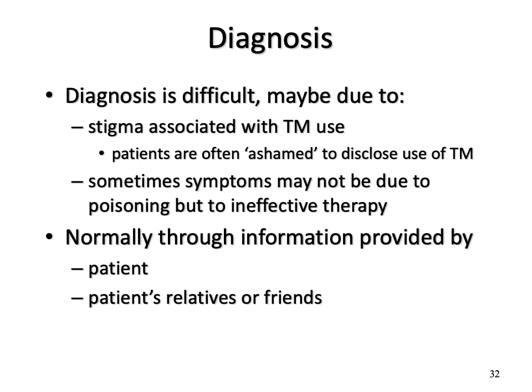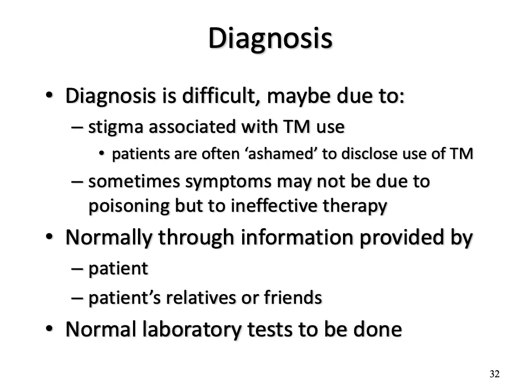So with regards to diagnosis, the information that leads us to the fact that somebody has been exposed to traditional medicines is normally provided by the patient, relatives, or friends. And in cases of traditional medicine poisoning, because most of the time we don't really know exactly what the patient took, normal laboratory tests should be done.